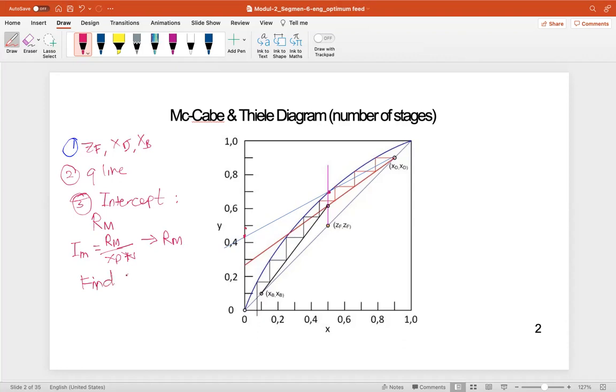Find R. My Wacom doesn't really smooth, so let's use a ruler. So find R. Just multiply, for example, 1.2 RM.